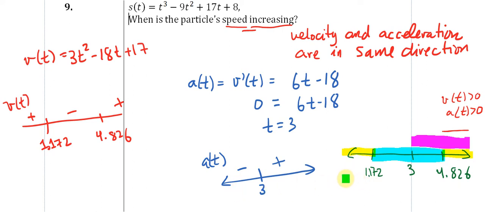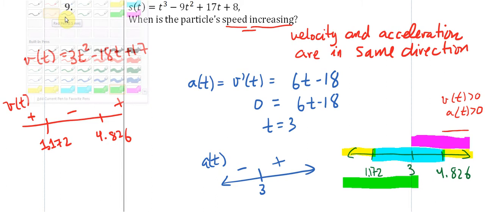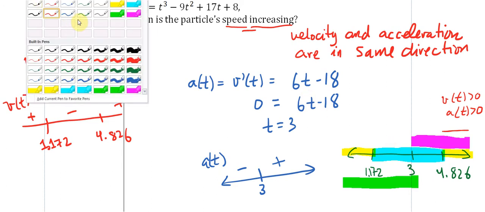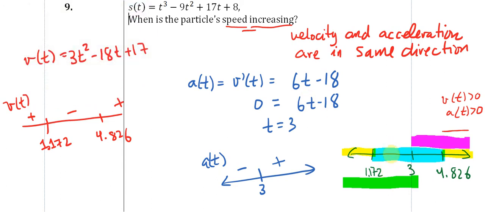So the acceleration is negative that entire section. Where they both line up is really from 1.172 to 3. That's where the blue part and the green part overlap. During that section, the velocity is negative and the acceleration is also negative.